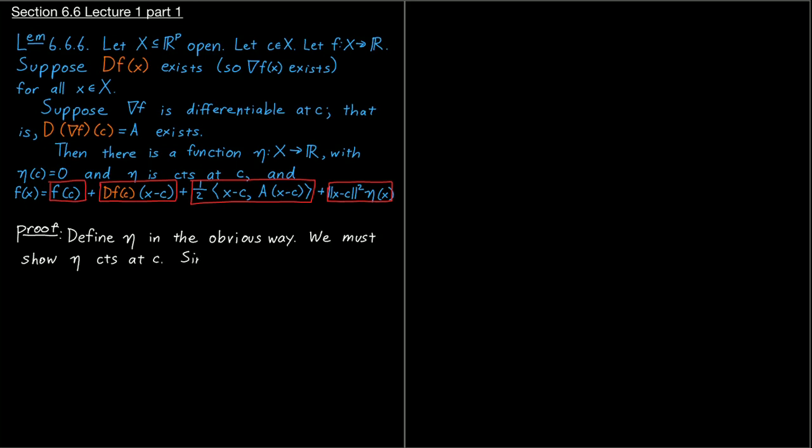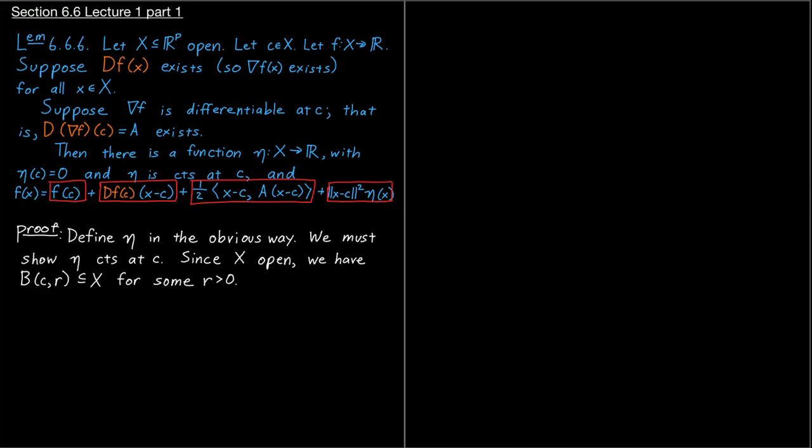And now, since X is open, we have that there is some ball centered at C of radius r contained in X for some positive radius. And so we only really need to show that eta is continuous on that little ball.